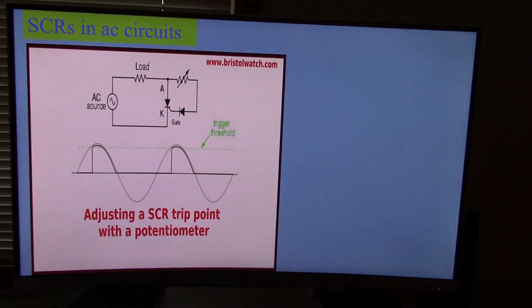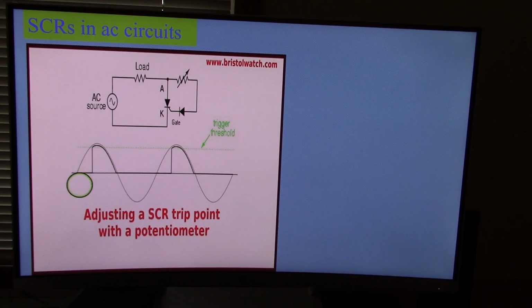We are talking about SCRs in circuits. Here's an AC source. We have a load, a variable resistor rheostat here, and a diode connected to this.